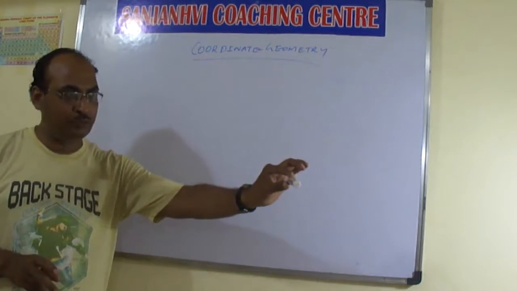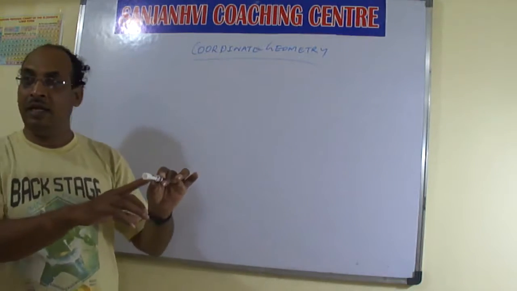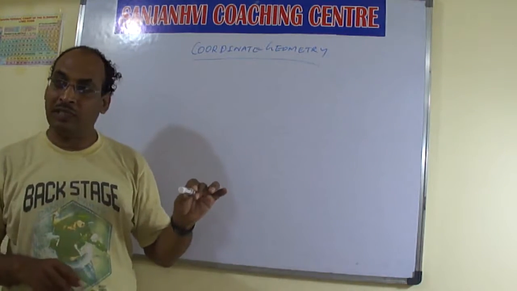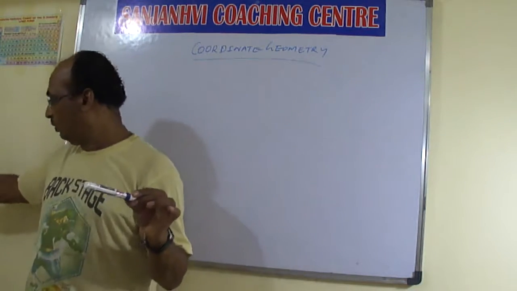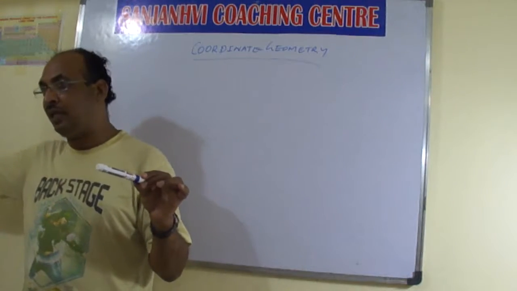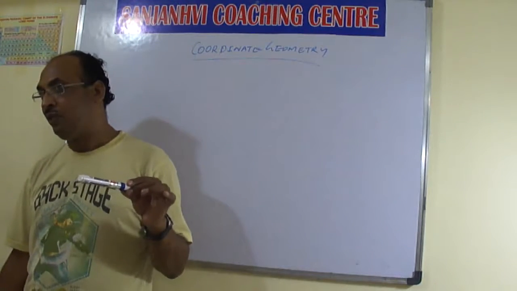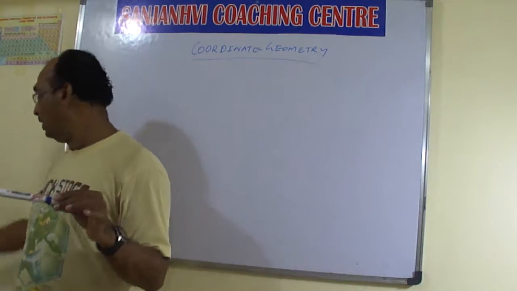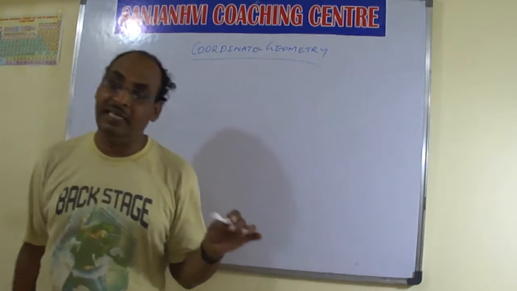Suppose this particular marker is there. If we want to find its location, how will we find it? Here it is 3-dimensional. One dimension is that one, one dimension is this one, and one dimension is this one, so it is 3-dimensional.